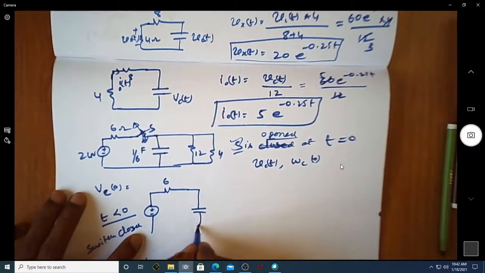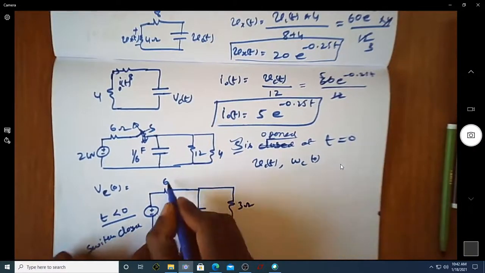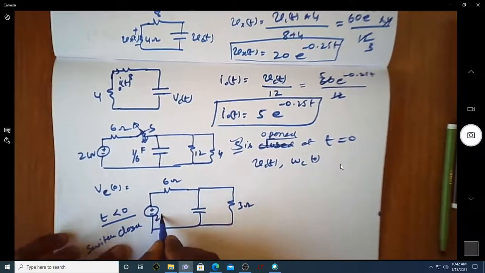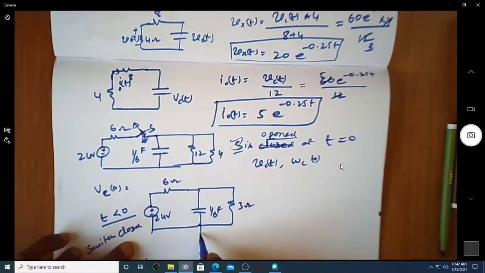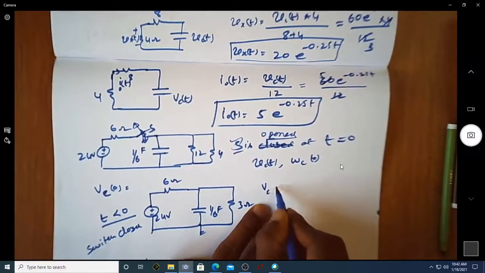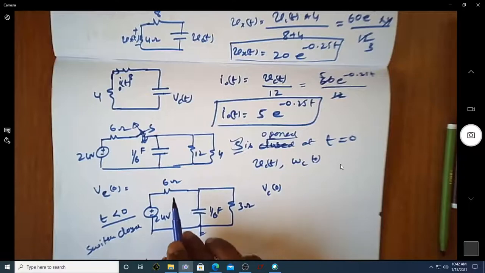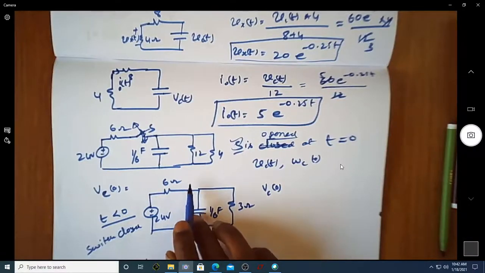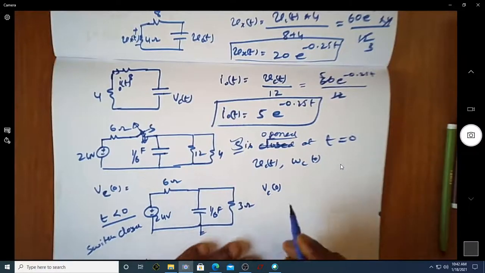So I have a capacitor, and I'll write the equivalent resistance, which will be 3 ohm, so it is 6 ohm. I have a 24 volt source and a capacitance of 1/6 farad. Now what is Vc0? Vc0 is the voltage across the capacitor before I open the switch. When the switch is closed, this is how the circuit looks.